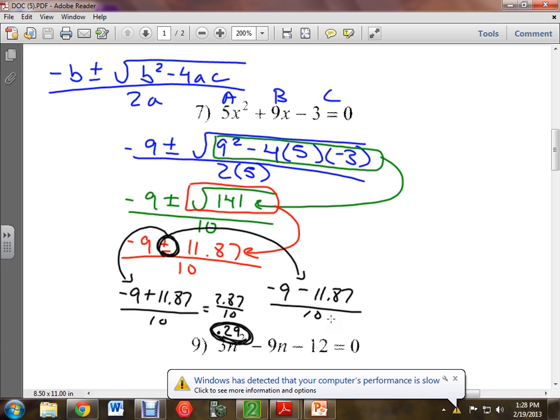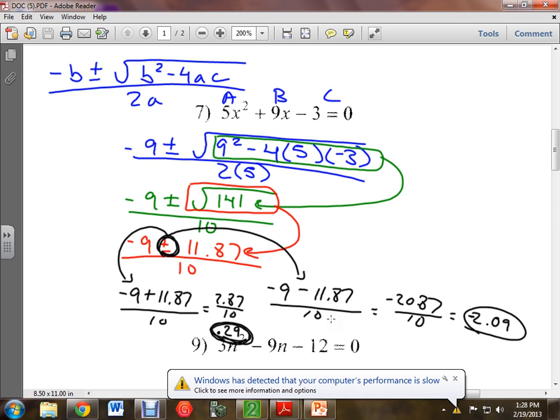When I get to the next one, negative 9 minus 11.87, that's going to be negative 20.87, right? Negative 20.87 over 10 is going to be negative 2.09 whenever I calculate it.